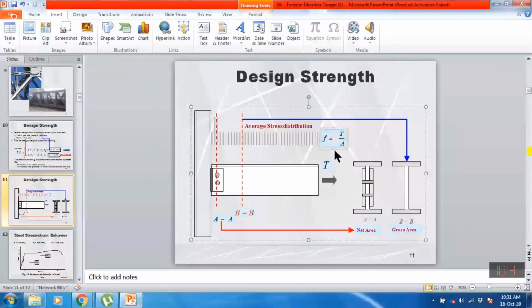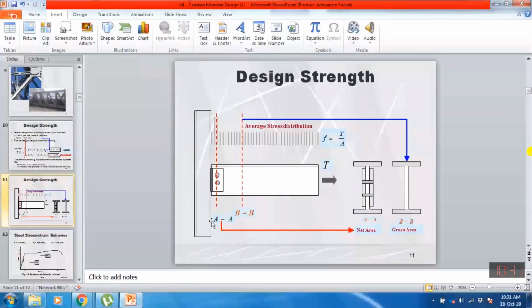So if I keep on increasing the T force, AB is more and AA is less. It means that for the same force, stress at point A will be more and stress at point B will be less.